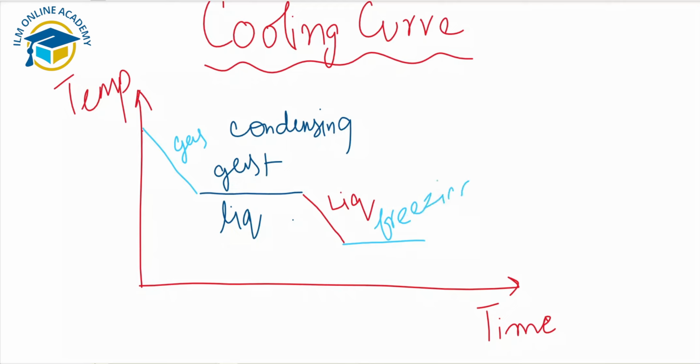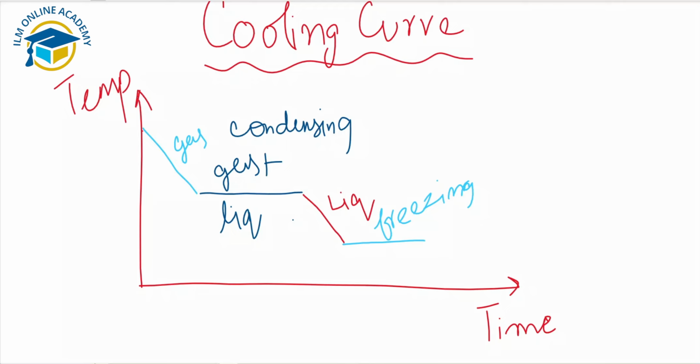So this one is the freezing, and at this point we have the liquid and the solid particles present here, and there is no temperature change. As you can see here, I draw just the straight line that shows that there is no change in temperature during a change in state, because at this point we have both the liquid and the solid particles.